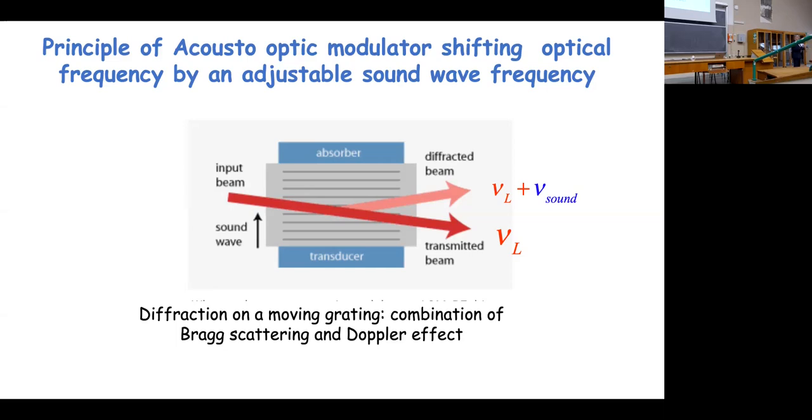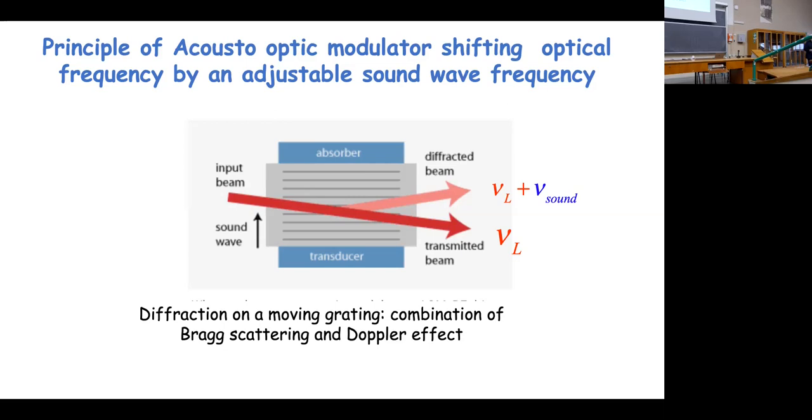But once you have your laser stabilized like that, you don't want to touch your laser anymore. So how do you scan the frequency? To scan the frequency, you use what is called an acousto-optic modulator. It's a piece of glass or quartz in which you induce a vibration which propagates. It's a kind of sound vibration.